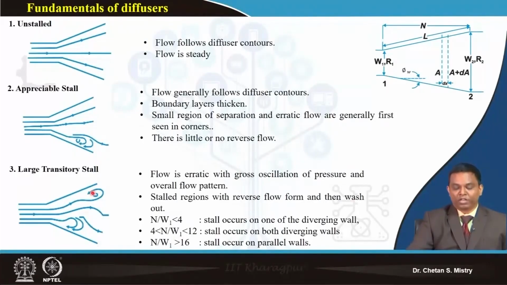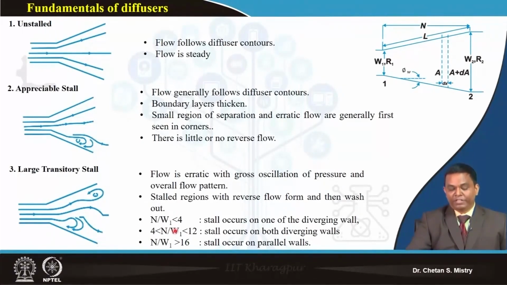You will have oscillation of pressure, and my overall flow pattern gets disturbed. So overall, if you look at N by W1, here this is the length of the duct and this is my entry dimension. If this is less than 4, I will have flow separation happening from one of the walls.